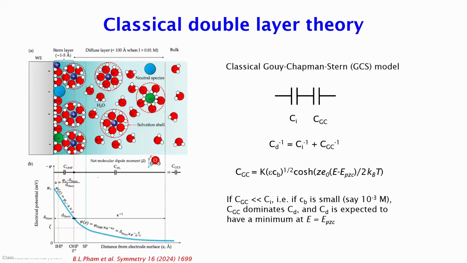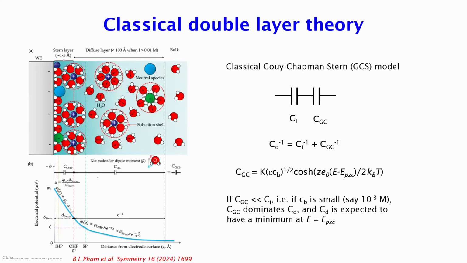The potential is referred to with respect to the potential of zero charge. That's the potential where the free charge on the surface is expected to be zero, and it remains to be seen where that potential actually is. It is presumably a quantity that depends on the electrode material and the surface that you use.